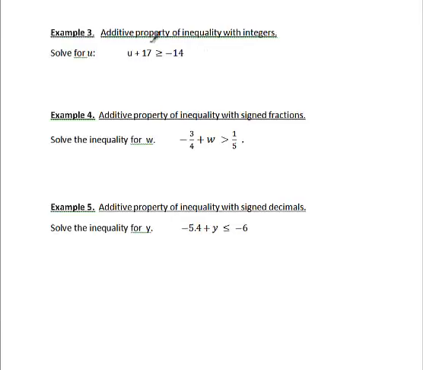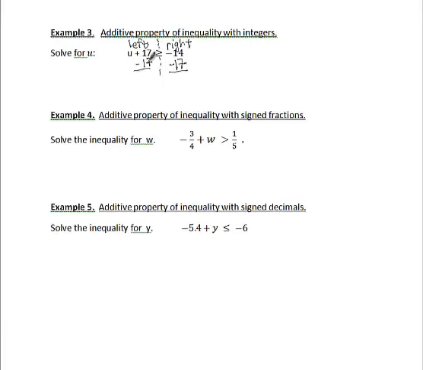Example 3, additive property of inequality with integers. So we look at our variable and we're adding 17 to it. We want to get the u by itself, just like we did with the equation. So we do the opposite and we subtract 17 from both sides of the inequality. Okay, just like an equation, there is a left and a right side.